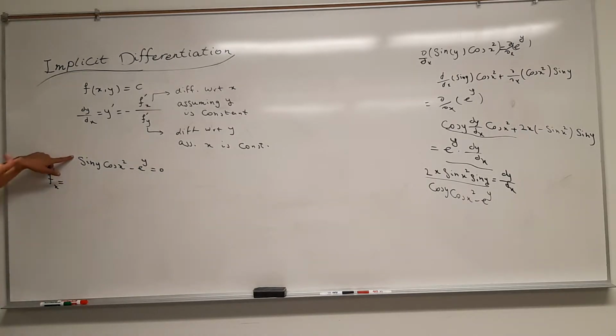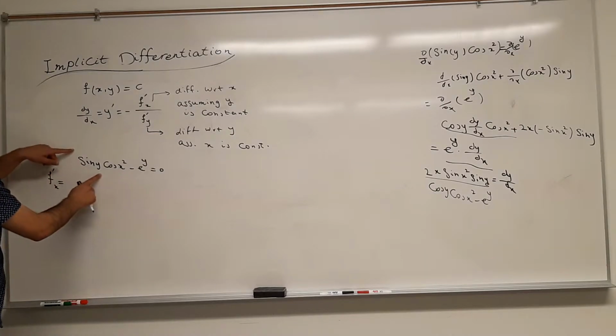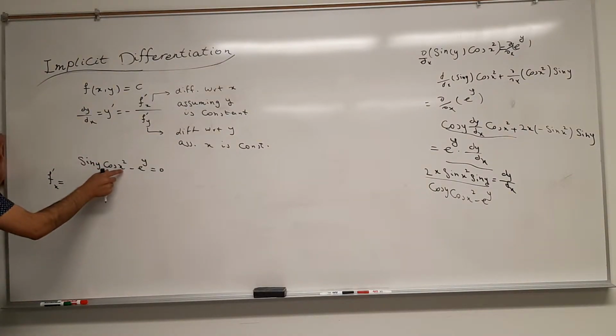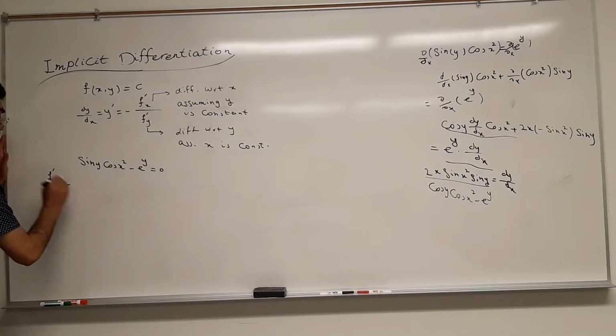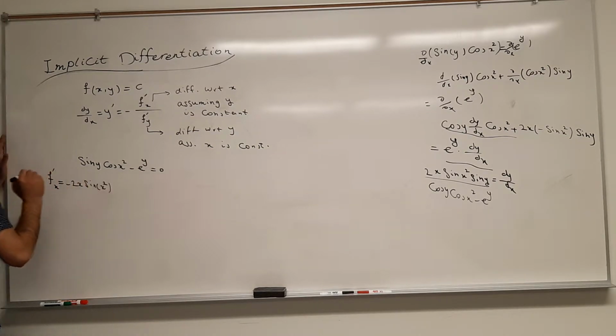So sine of y is a constant. And we're just differentiating cos of x squared and multiplying by sine of y, which is assumed to be a constant. The derivative of cos of x squared is negative 2x sine of x squared. Same thing we got there.